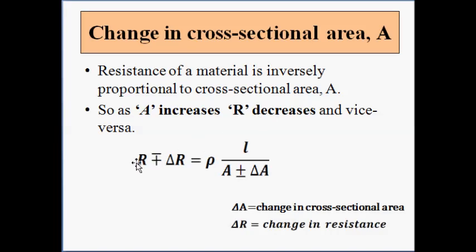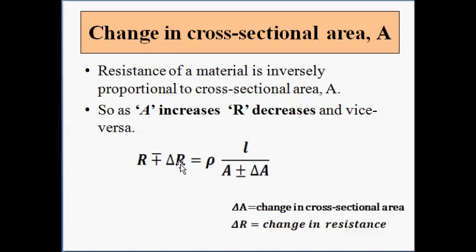Let us say the initial resistance of the material is R, and it is subjected to a force or pressure leading to compression or expansion, and due to that there is a change in the cross-sectional area. An increase in the cross-sectional area, denoted by the positive sign, will lead to a decrease in resistance, denoted by the minus sign, by a factor del R.